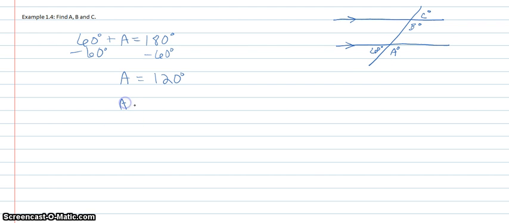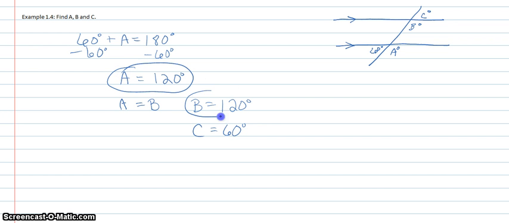So since A equals B, I know that B equals 120 degrees. And the small angles are the 60 degrees, which will equal the C. So C equals 60 degrees. So I found my missing A, B, and C.